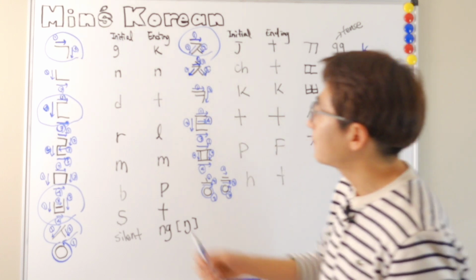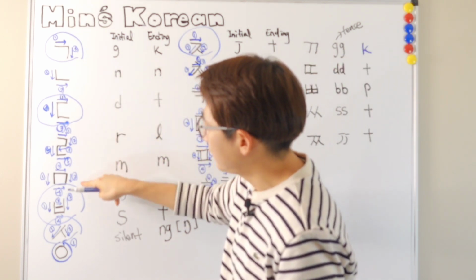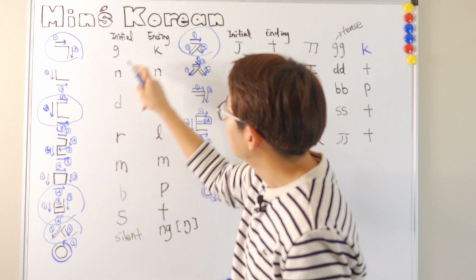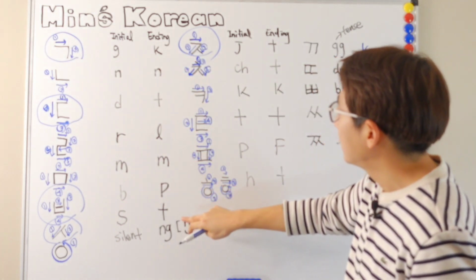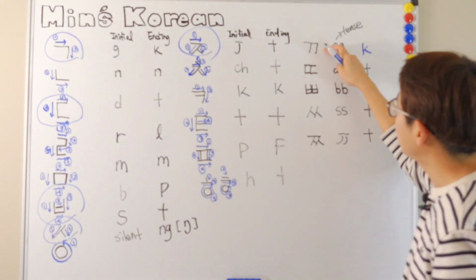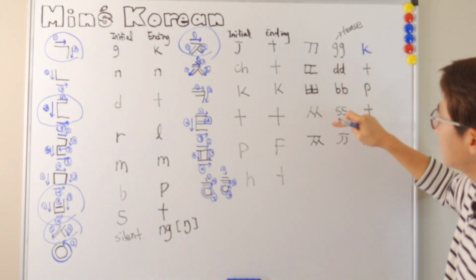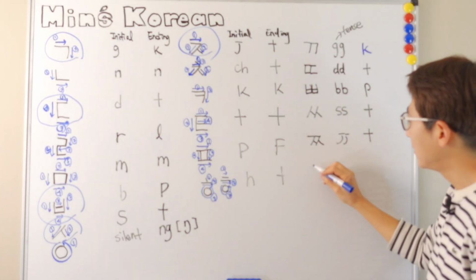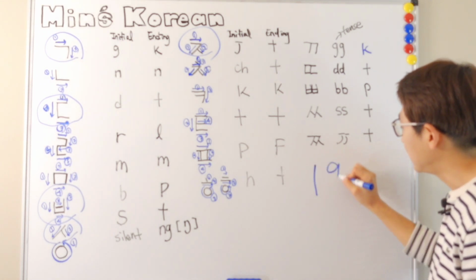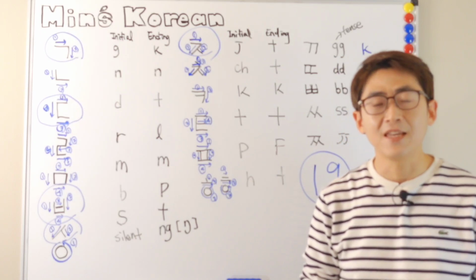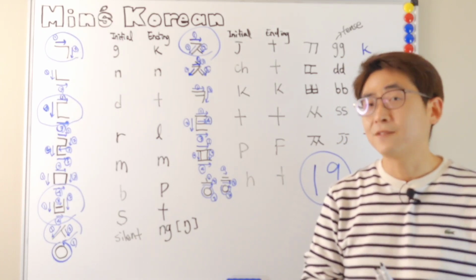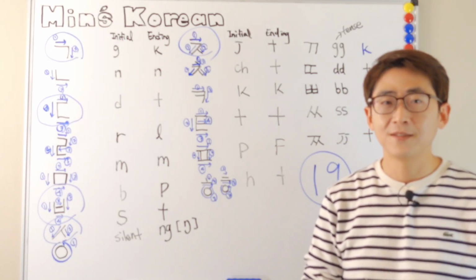Okay? So we have 1, 2, 3, 4, 5, 6, 7, 8, 9, 10, 11, 12, 13, 14, 15, 16, 17, 18, 19. So that's all 19 consonants in Korean alphabet system, Hangul. Okay?